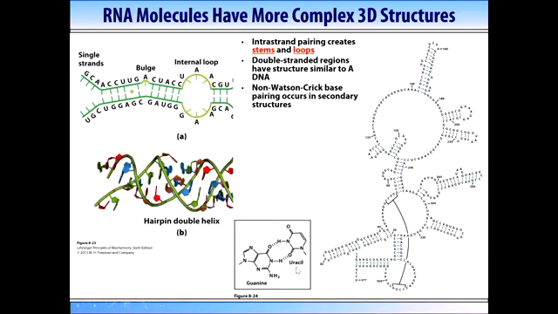And when these unique structures are formed, non-canonical base pairs and non-canonical hydrogen bond interactions can be formed, for example between guanine and uracil. This is not a Watson-Crick base pair because its geometry is completely different, but this type of interaction is possible in the unique 3D structure.